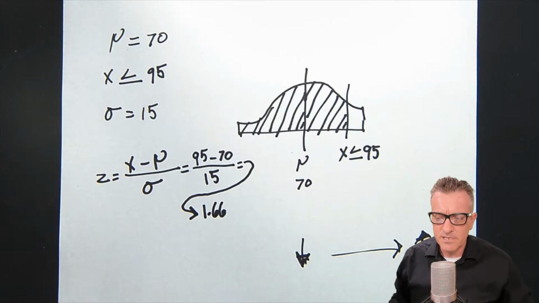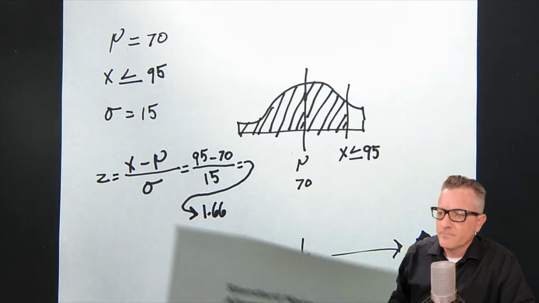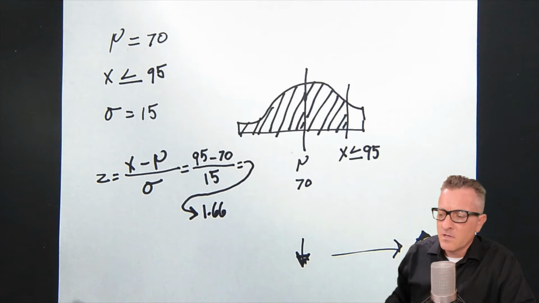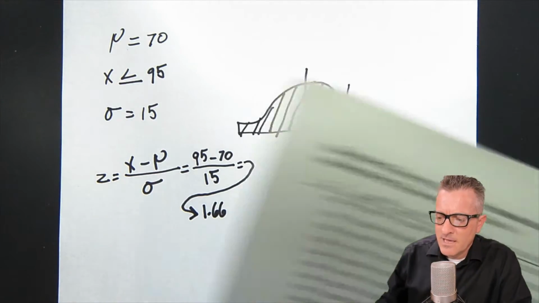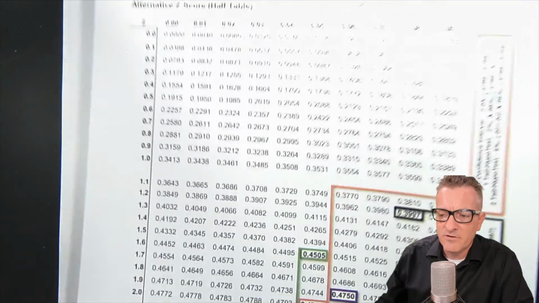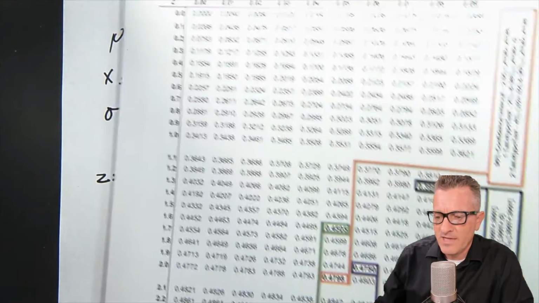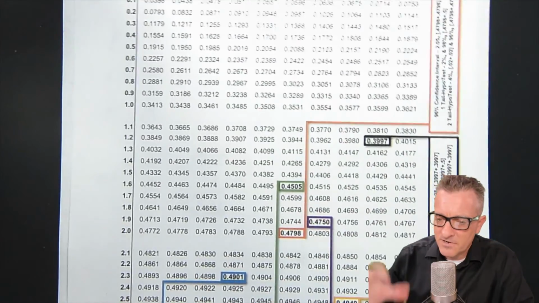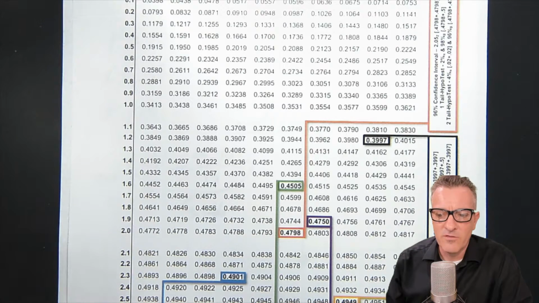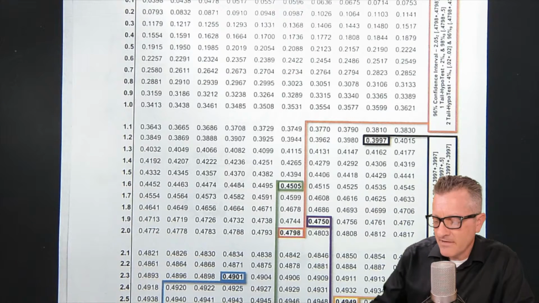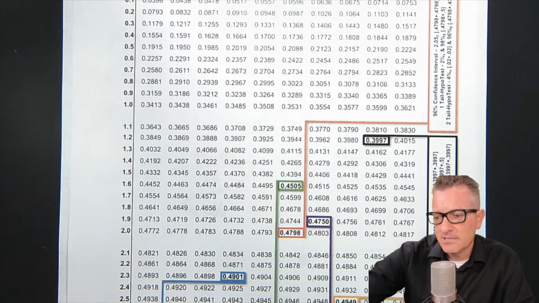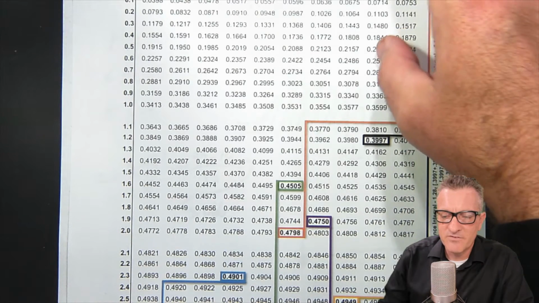Now I always use an alternate z-score table, which I use for my classes, and your z-table may be different, so it's possible that your figures come up a little bit different depending upon whether you have a whole table model or a half table model. This is a half table model, and it's not like it comes from the left or the right hand side.